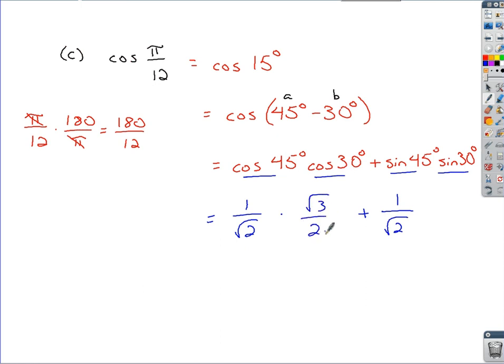Hypotenuse 2. Sine of 30, opposite 30 is 1. Hypotenuse 2. And once again, we end up with a fraction over 2 root 2. In the numerator, this first product, we've got 1 times root 3. The second product, we've got 1 times 1. There's your exact value for the cosine of pi over 12.